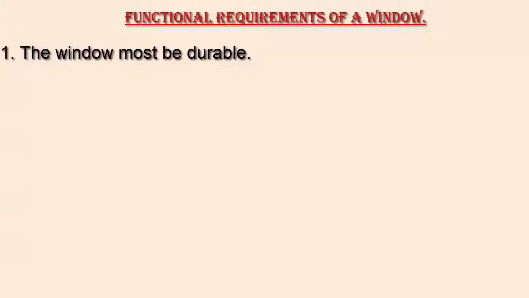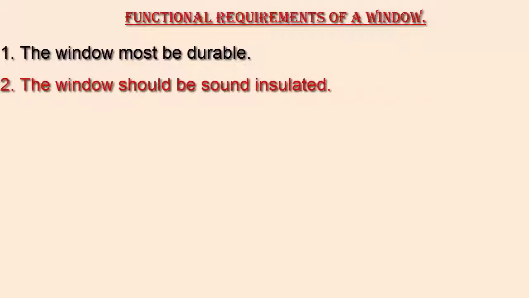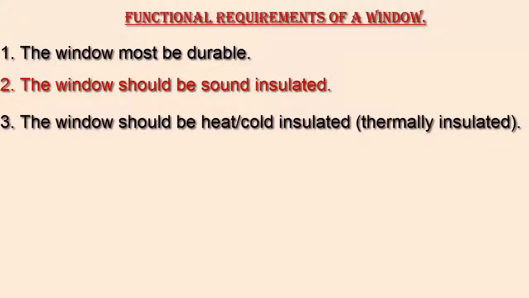Another functional requirement is that the window should be able to resist sound. When people are making noise outside, the window should serve as a barrier, preventing the noise from entering into the room. We also have another requirement, the thermal. We call that thermal because it controls the atmosphere.